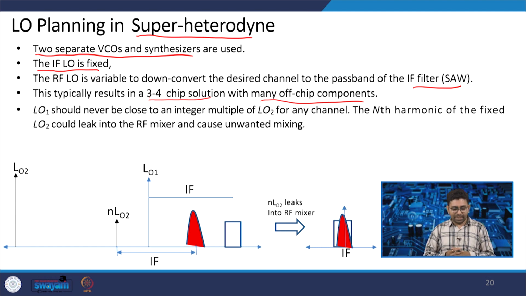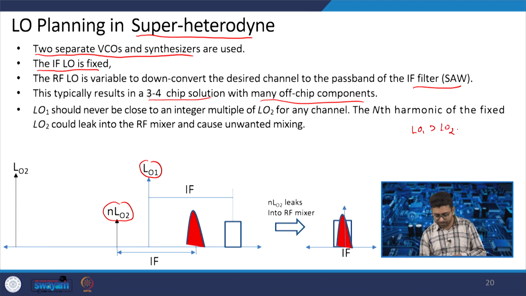Now, whenever we try to find the frequency LO1, this LO1 should never be close to an integer multiple of LO2, because our LO1 will always be higher than LO2.